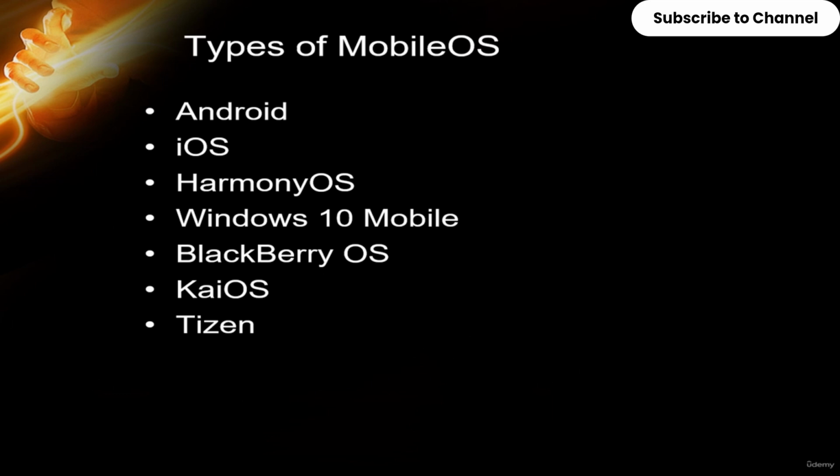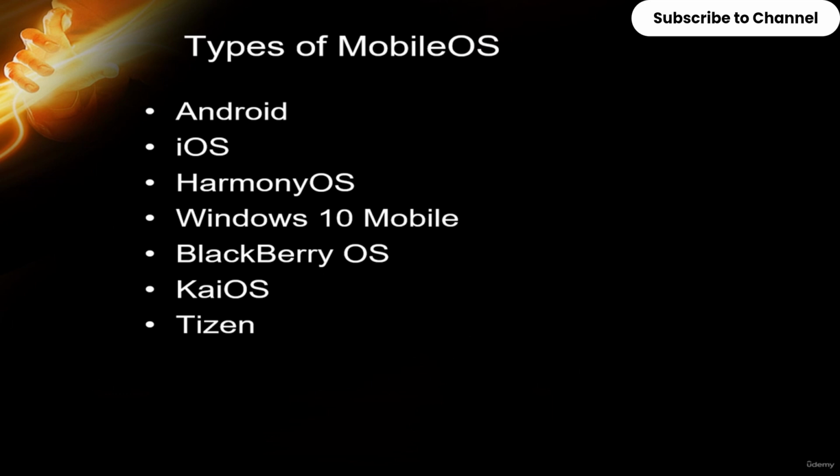The next operating system we are going to discuss is Harmony OS. Harmony OS is developed by Huawei. It was designed across various devices like smartphones, tablets, and various IoT devices. So Huawei reduces its reliance on Android.